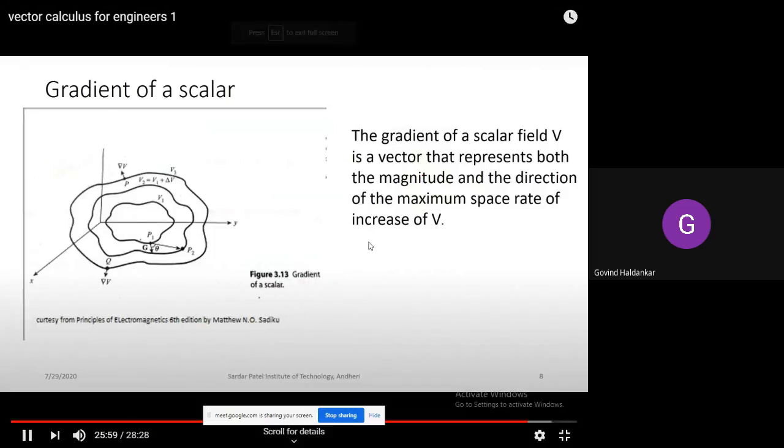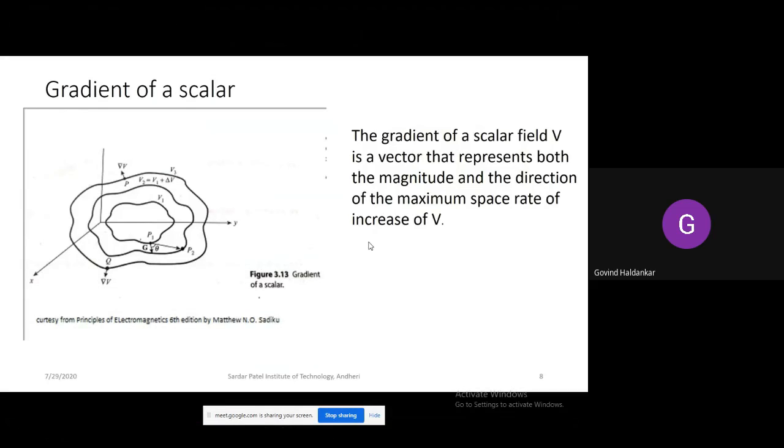Hence, the gradient of V provides both the direction in which V changes most rapidly and the magnitude of the maximum directional derivative of V. So you will be able to find the magnitude, and the direction of the maximum space rate of change in V, per unit distance.